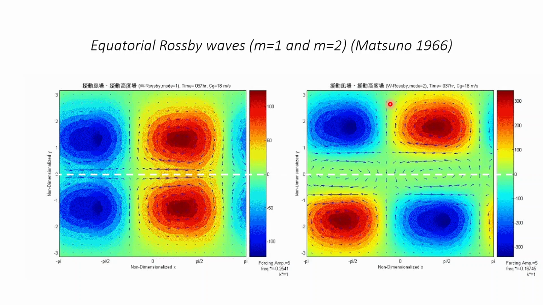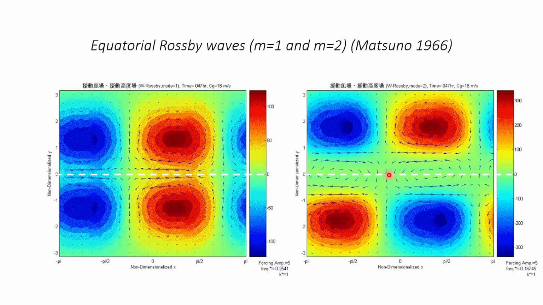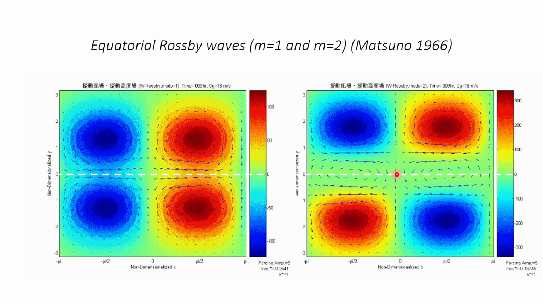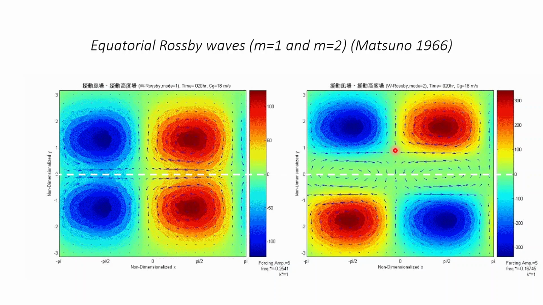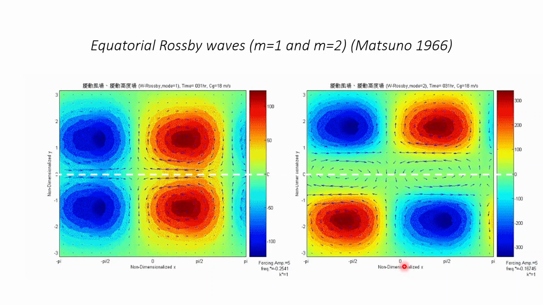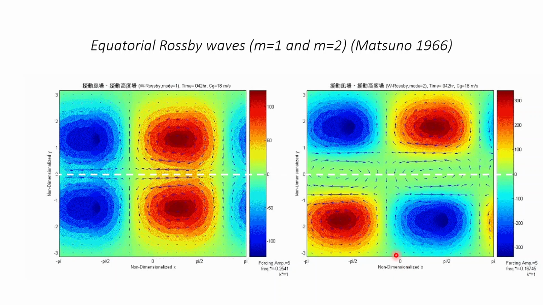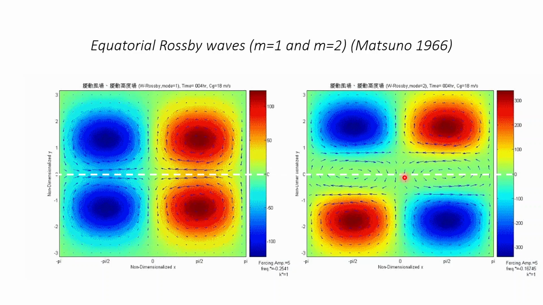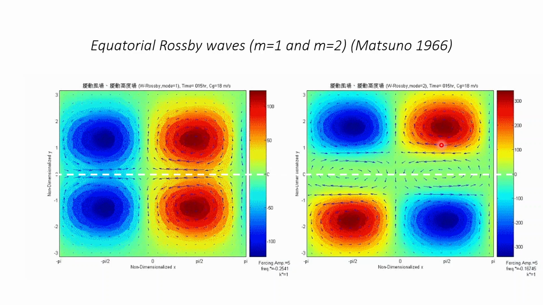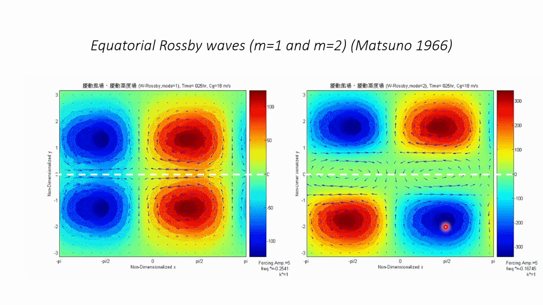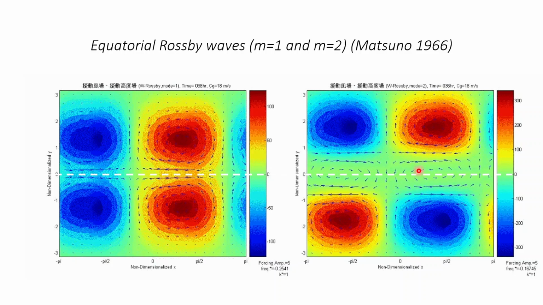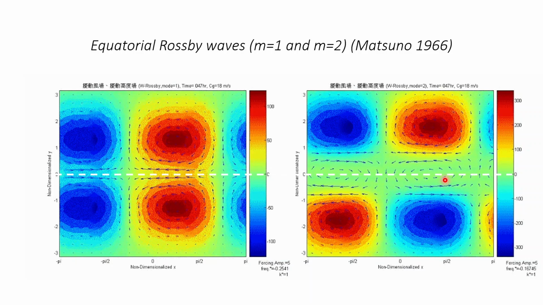The meridional velocity is symmetric with respect to the equator, so it has the same sign in the northern and southern hemispheres. But the zonal flow and the geopotential height are asymmetric with respect to the equator.